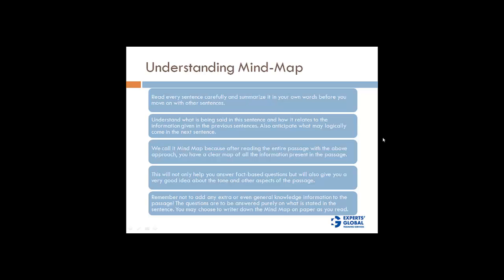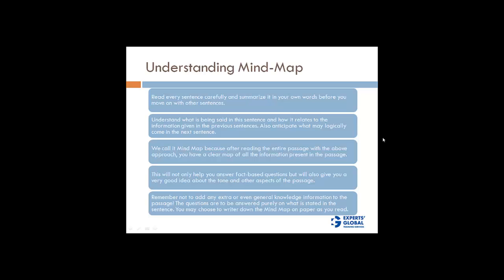The first step here is to read every sentence carefully and summarize it in your own words before you move on to other sentences. At the end of the day, what we are trying to do is understand the information, and the best way to understand the information is to summarize it in your own simple words. Don't just reread it.